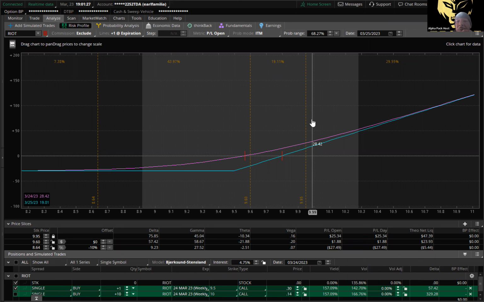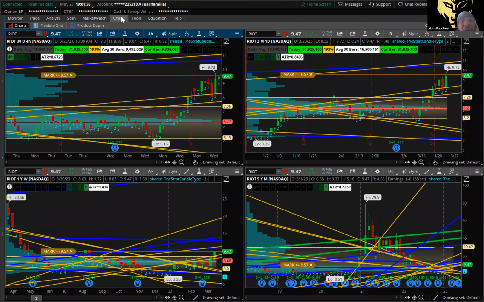So to get to 100%, we're looking at what? $10. Looking at $10 on the underlying. It's like 50, 60. I don't know if I like that. Let's see.